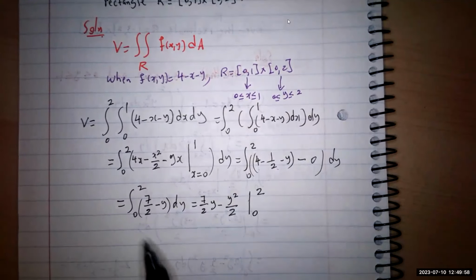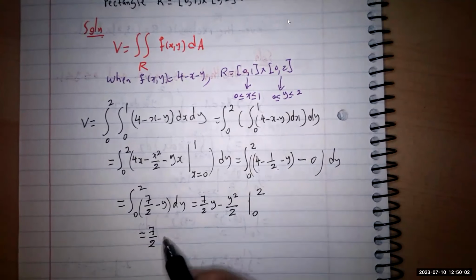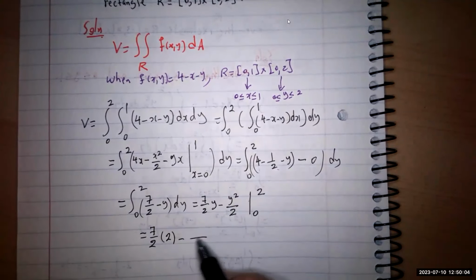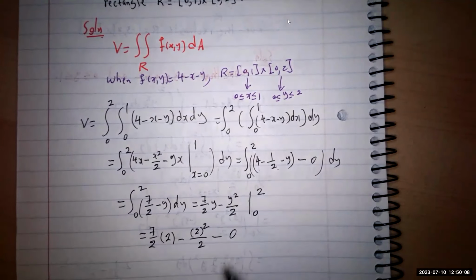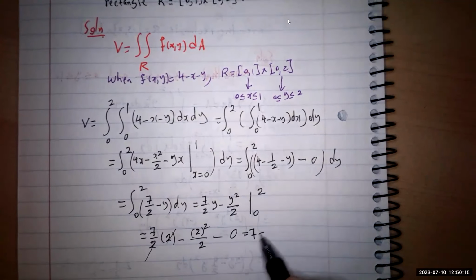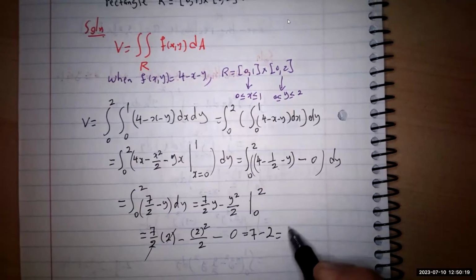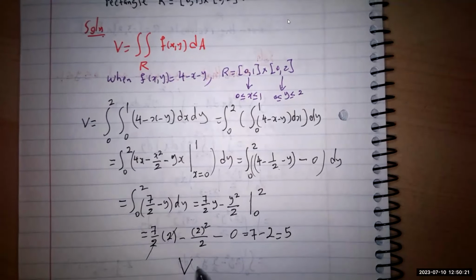Substitute: 7/2 times y, which is 2, minus 2 squared over 2. When you put y equal to 0, that gives you 0. So the 2 and the 2 cancel out, we get the 7, and 2 squared is 4, 4 divided by 2 gives you 2. So the result is 5. So the volume is 5.